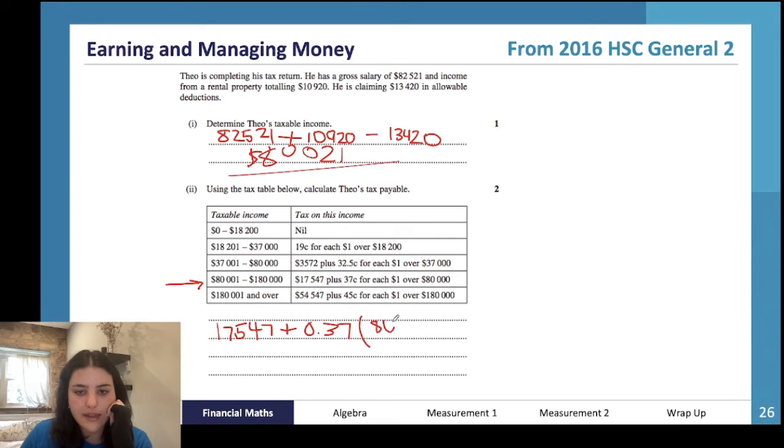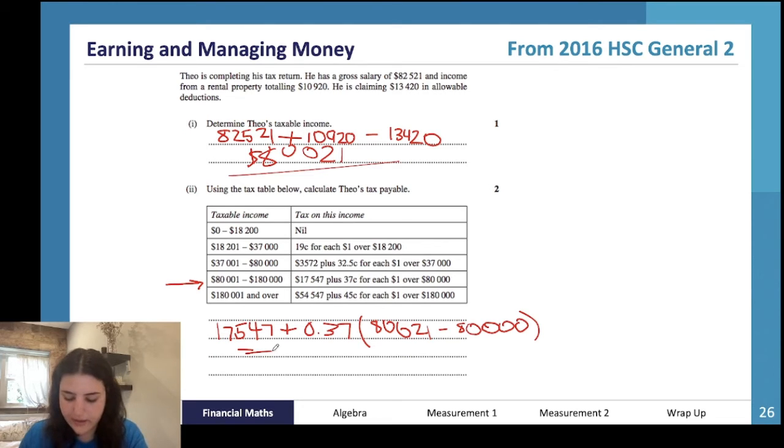So $80,021 minus 80,000 is going to leave us with, so we do 17547 plus 0.37, and then in brackets, give me 2 seconds.